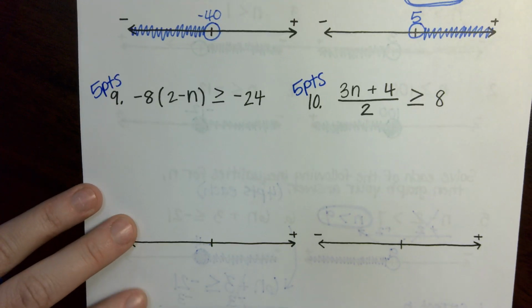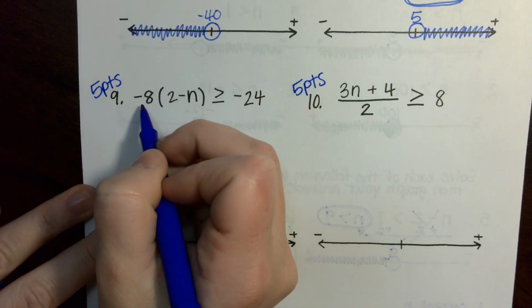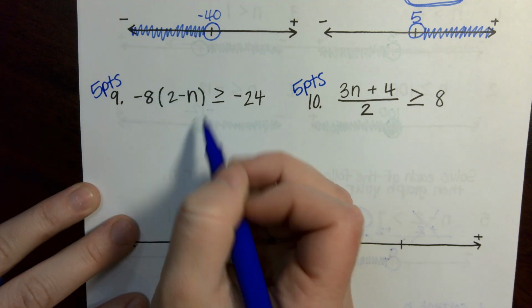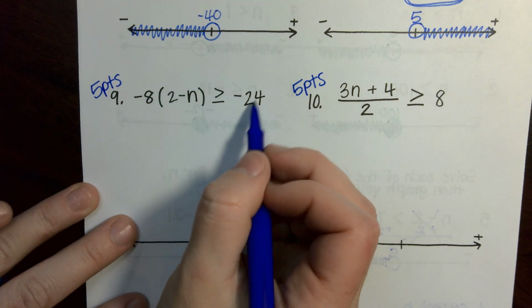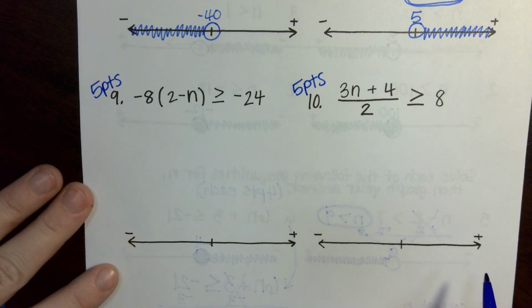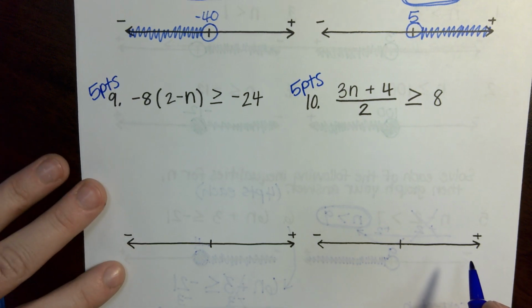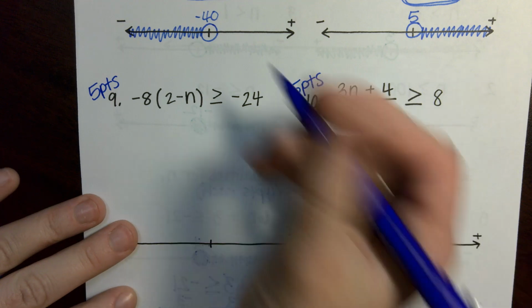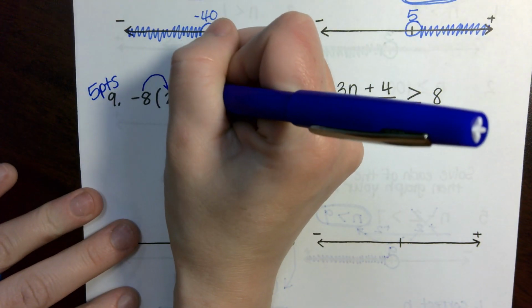Number 9. I've got -8 times 2 minus n is greater than or equal to -24. What should I do? Yeah, let's distribute.